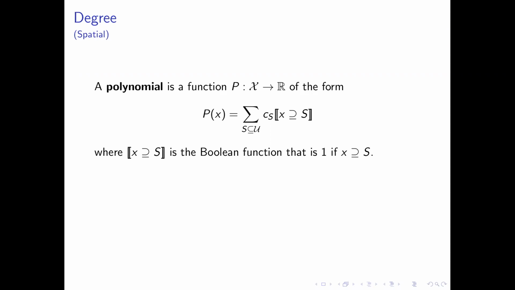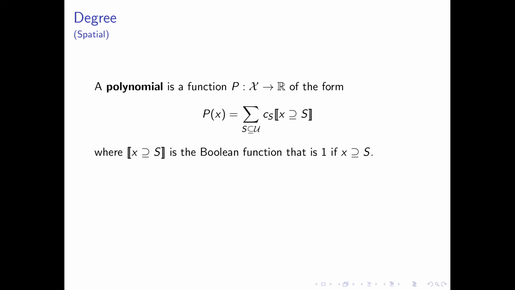For example, if our domain was permutations, we could take S to be things like the symbol 1 maps to 1, or 2 maps to 2. And the c_S here are just coefficients for those indicator functions.